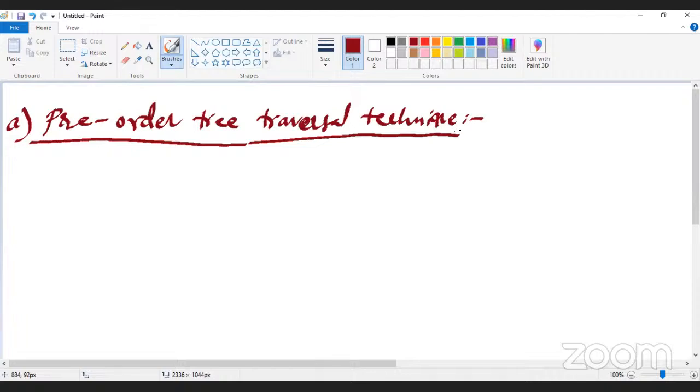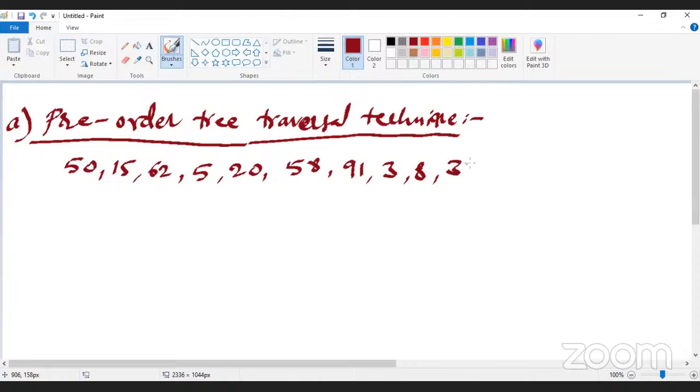Okay, friends, just note down a few elements here. The elements are 50, 15, 62, 5, 20, 58, 91, 3, 8, 37, 60, 24.